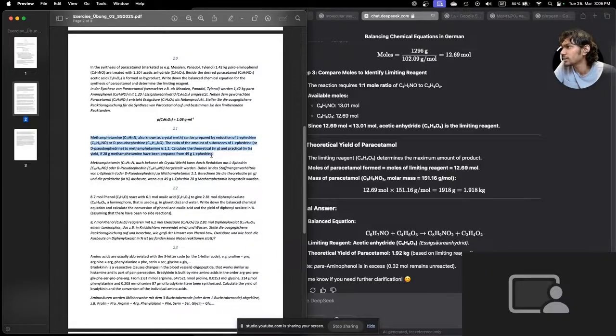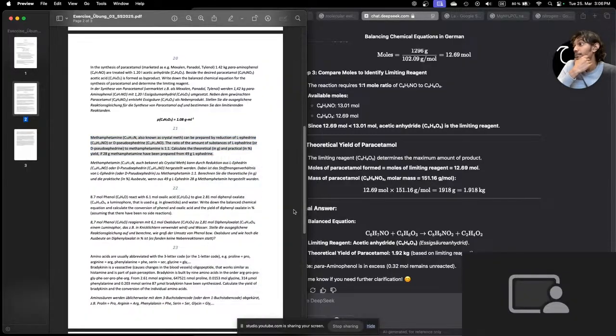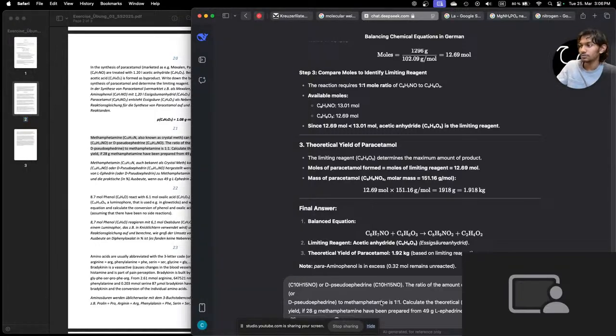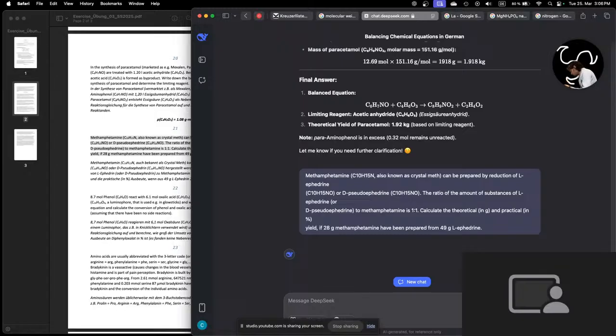I know that the ratio is similar. That means the number of moles are similar. Yeah. Theoretical and practical. Oh, there's two, theoretical and practical. Oh, yeah, yeah, yeah.